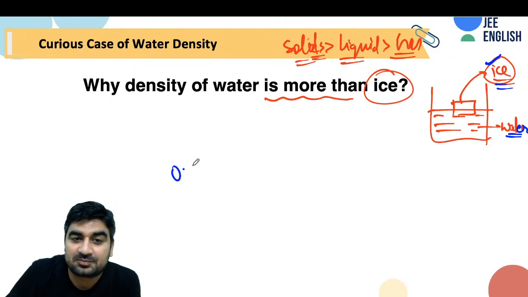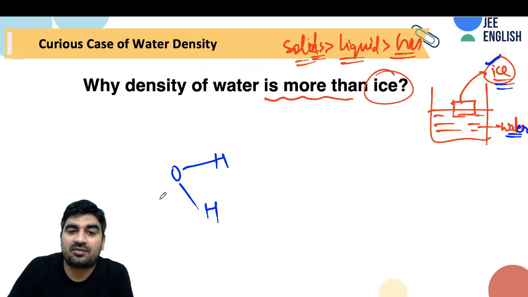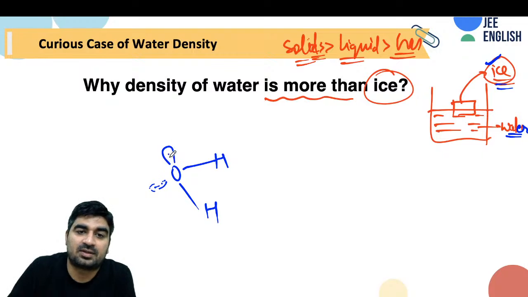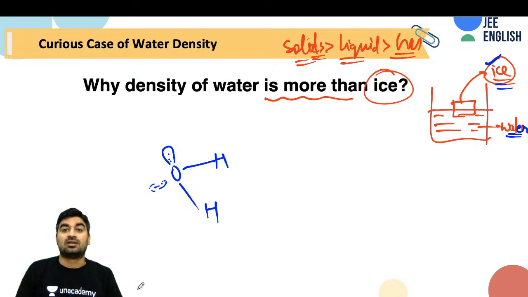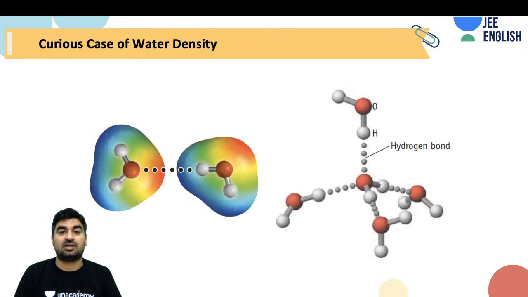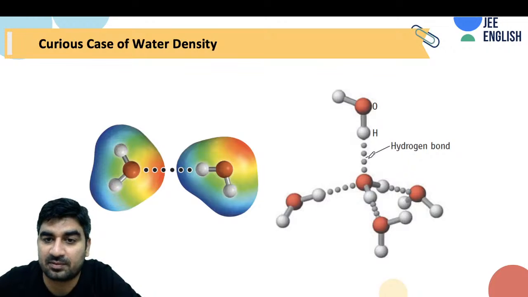Here, let me tell you, this is one water molecule. It has two lone pairs, right? So through those two lone pairs, it will make hydrogen bonds with others, and it will make a cage-like structure. Now I will show you. Here you can easily observe.